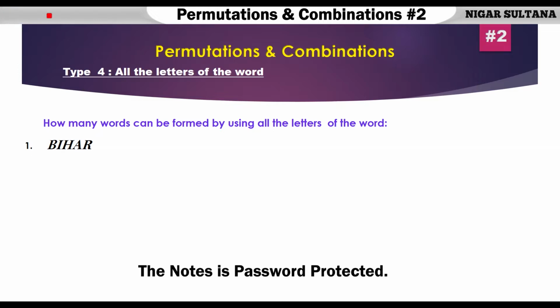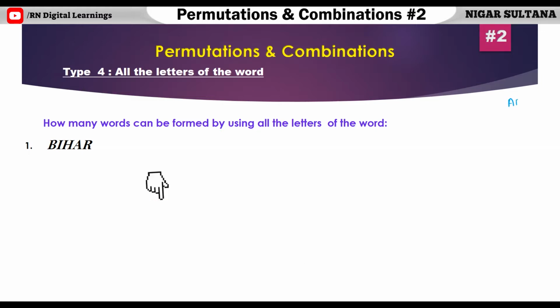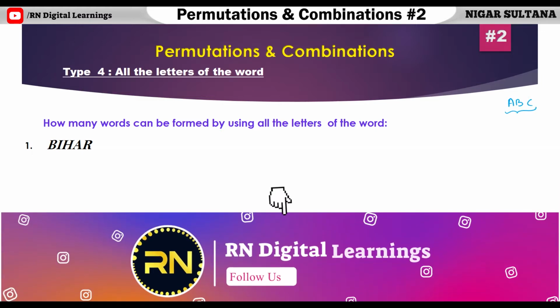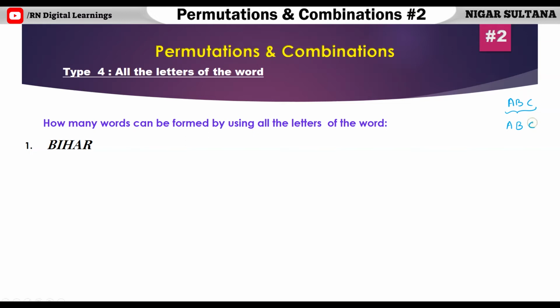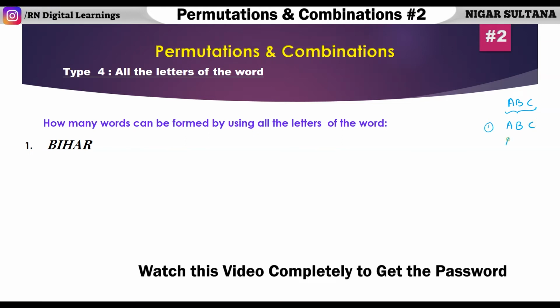Suppose we have three objects like A, B, C. In how many ways can these three objects be arranged? A, B, C is one way, and the next way is A, C, B. This is another way of arranging these three letters.